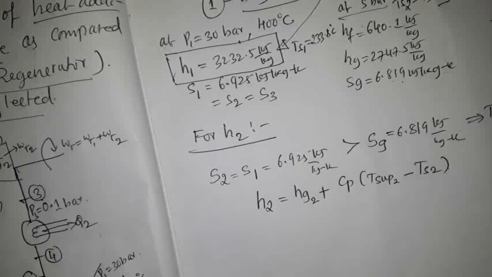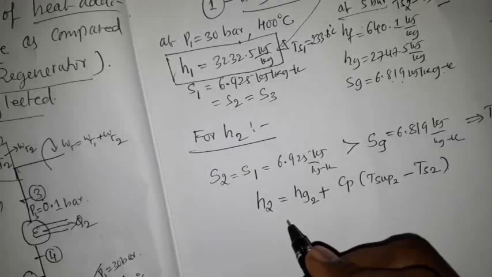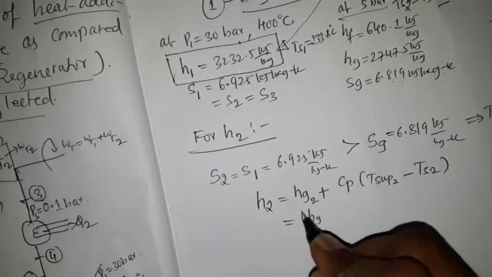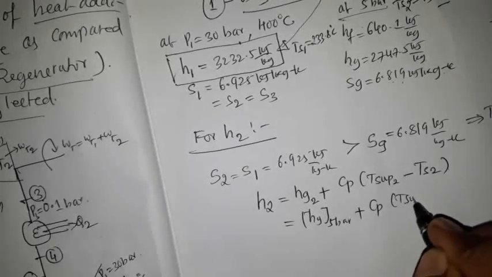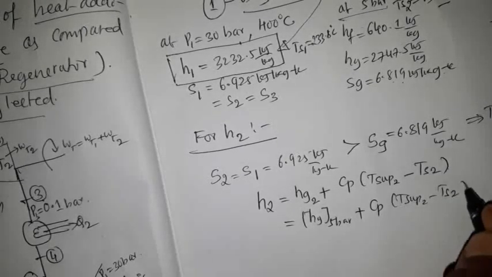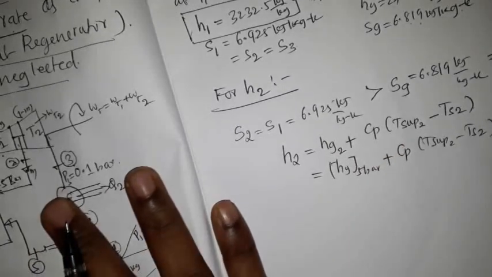So that is nothing but Hg at 5 bar pressure plus Cp into (T superheat 2 minus T saturation 2).